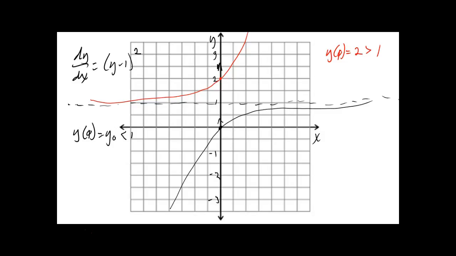And same thing here. You know it has to pass through there, and has to be increasing for all values of x. When y is greater than 1 or y is less than 1, you know those things have to be true. If y is equal to 1, the derivative is 0 everywhere. Now that doesn't tell you a lot, but it tells you a little something.